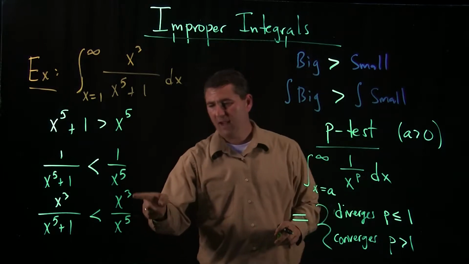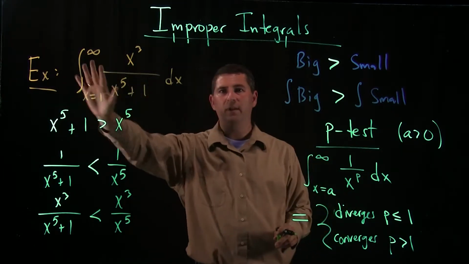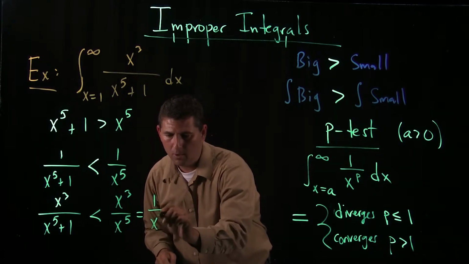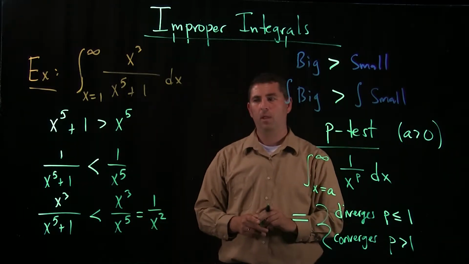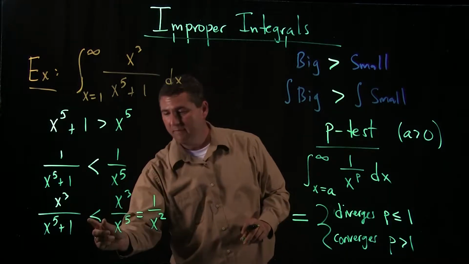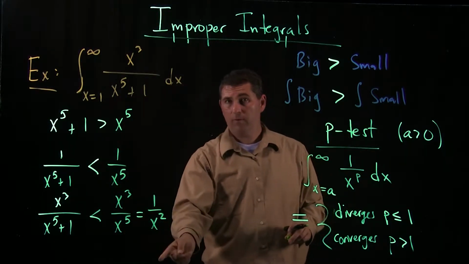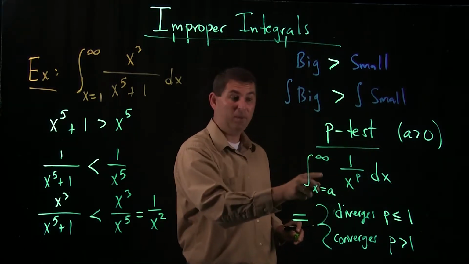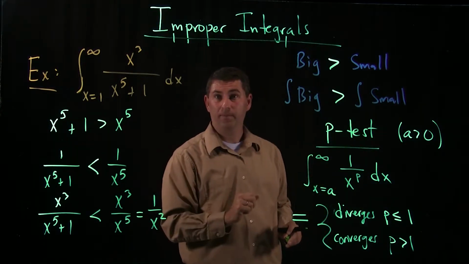Now x cubed over x to the 5th, since x is not 0 on the interval, I can simplify. That's equal to 1 over x squared. So I now have the function that I'm trying to integrate bounded by 1 over x squared, a very simple function, and it's of this form where p is equal to 2.